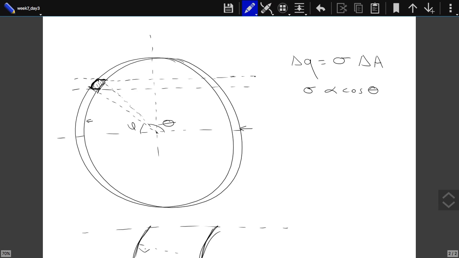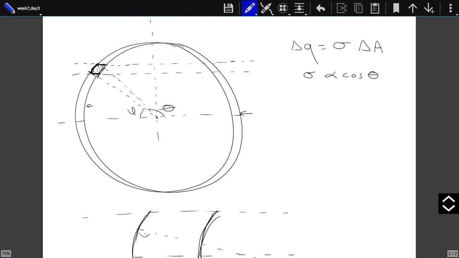I don't know the answer, by the way. And the answer should be lambda times d times cosine theta times a. Should be.